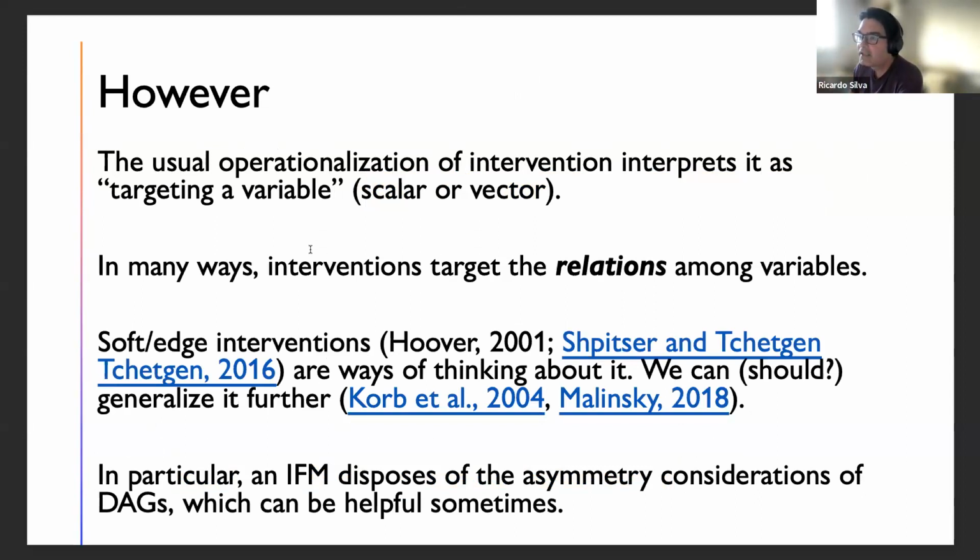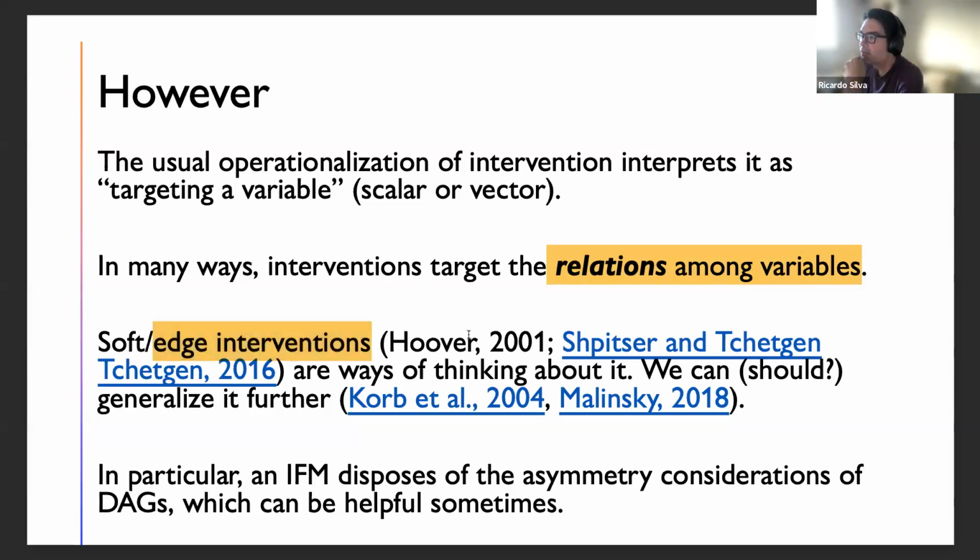However, the idea here is not really targeting a variable, right? As you saw in the initial example of the sectoral data, you're targeting what may be quite noisy, changing relations among many variables. And this is known in the literature under different guises. You can think of intervention changing not a particular variable, but changing, for instance, coefficients in a structural equation.